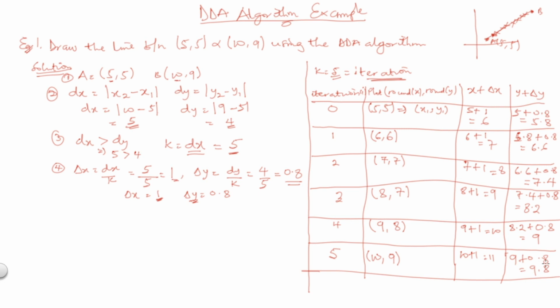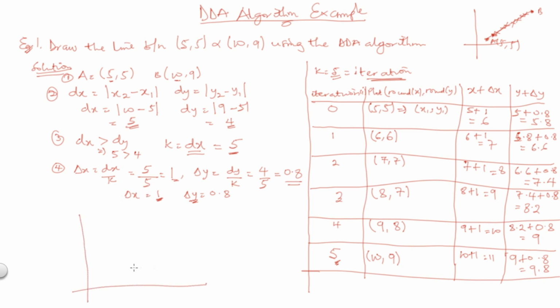So based on the number of iterations, we'll end at the fifth iteration. As you can see, k is equal to 5. We ended at 10, 9. These are the intermediate points that we need to generate to be able to come out with a line.